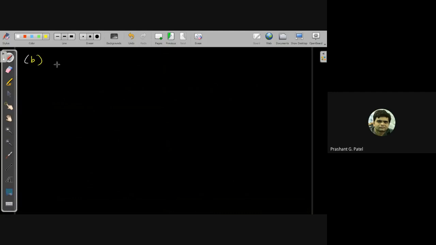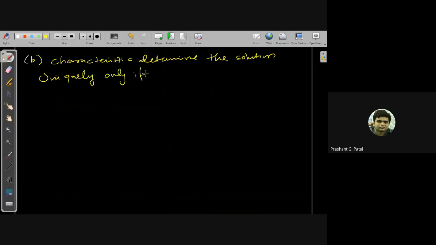The second one is that the characteristics determine the solution uniquely only if the data is prescribed on both of them.